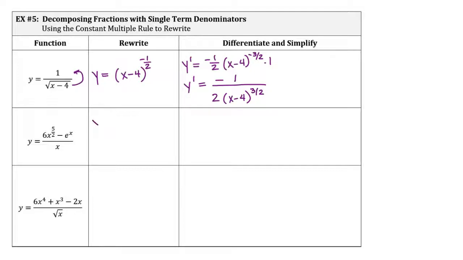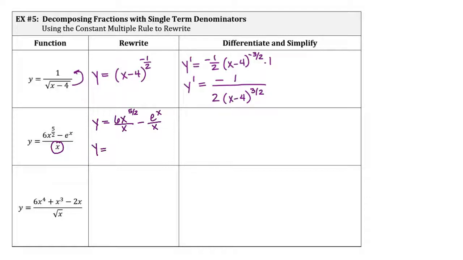So for instance, here on y, you're going to divide this one up since you have just a term in the denominator. You're going to have 6x to the 5/2 over x minus e to the x over x. And here we can simplify this down.